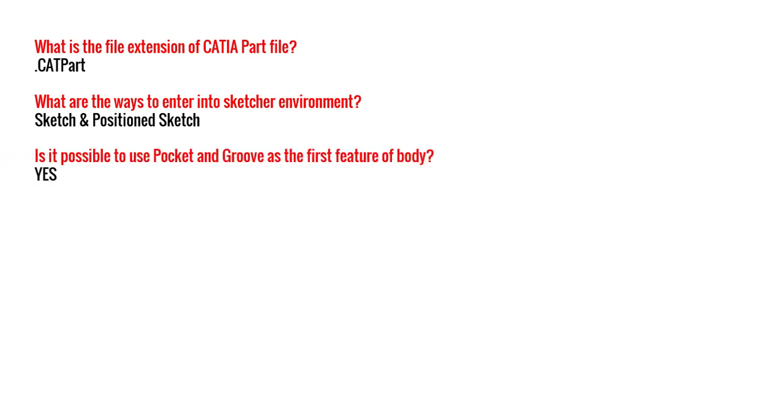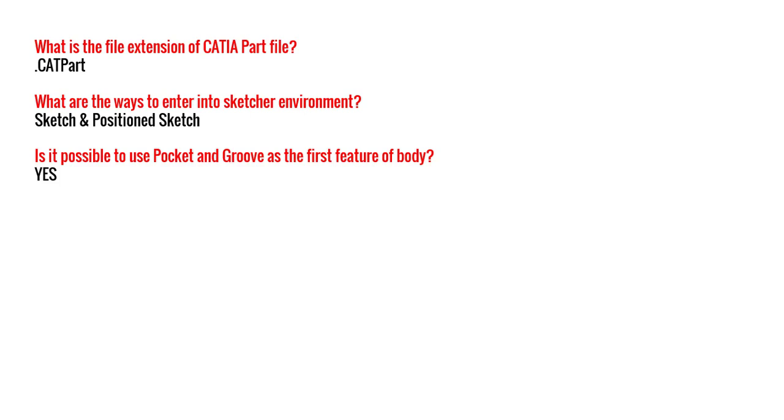Is it possible to use pocket or groove as the first feature of the body? Definitely yes, it is possible. Normally when we work in the part design environment, these pocket or groove features are not activated when we are working in the part body, but when we are working with some other body, then these are activated.